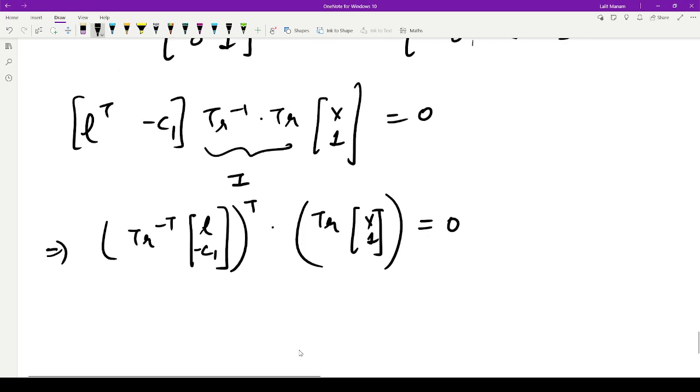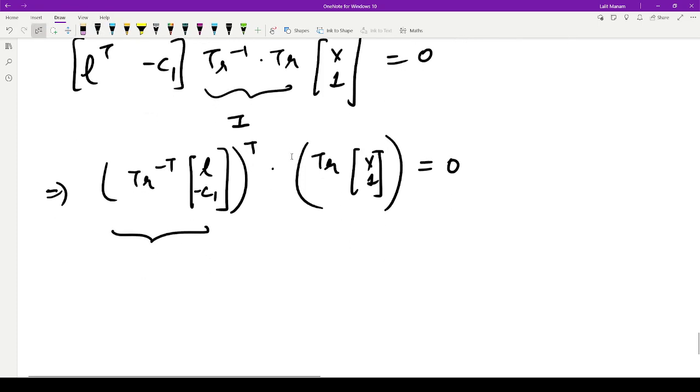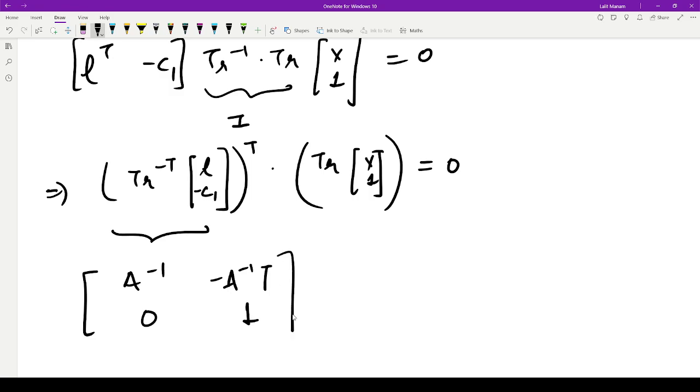Yes. So what is this specific thing? We'll just write it down. A inverse, minus A inverse T, 0, 1, transpose of this. So 0 will come here.